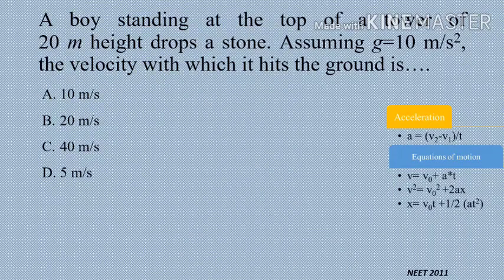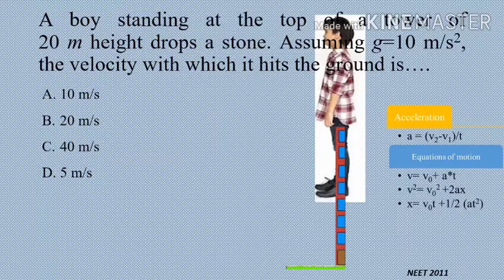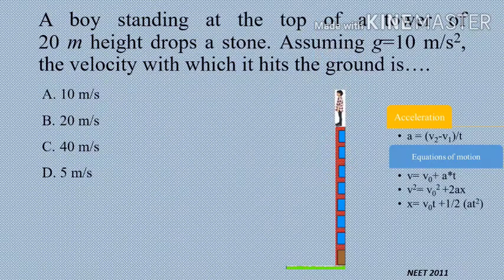A boy standing at the top of a tower of 20 meter height drops a stone. Let us see the animation for this. The boy is standing on the top of the tower, he drops a stone. Assuming g equals 10 meters per second squared, the velocity with which it hits the ground is?